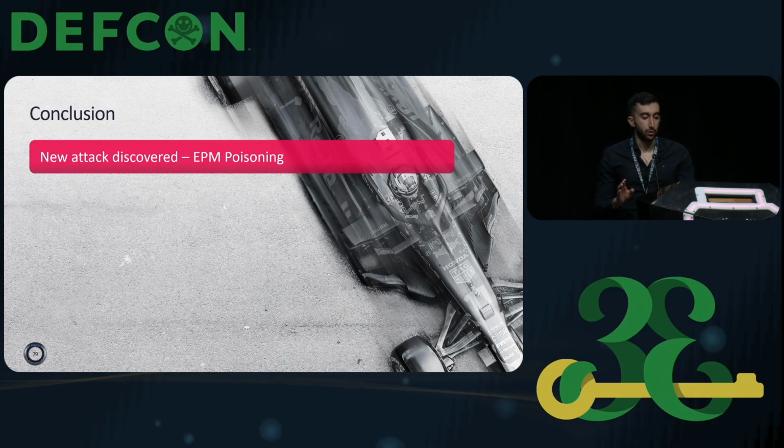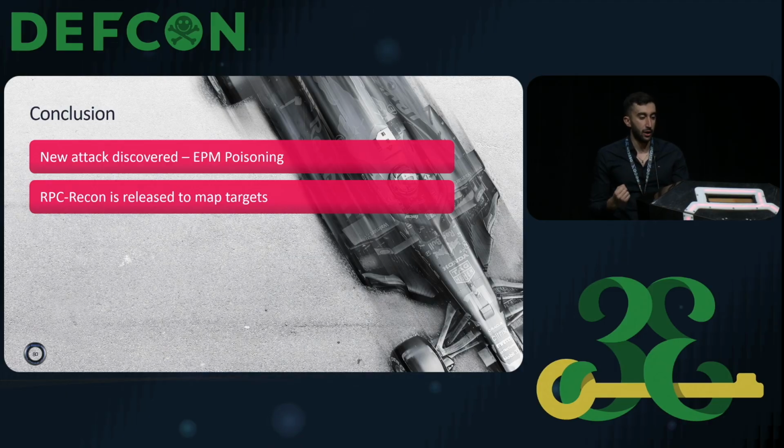To conclude this talk, I presented a serious security issue in a core component of the RPC protocol. There are no verifications on who is registering an interface that will be used by crucial services of the operating system. I showed you how to map the operating system to find vulnerable RPC servers, and RPC Recon is now available for you to do it by yourself.